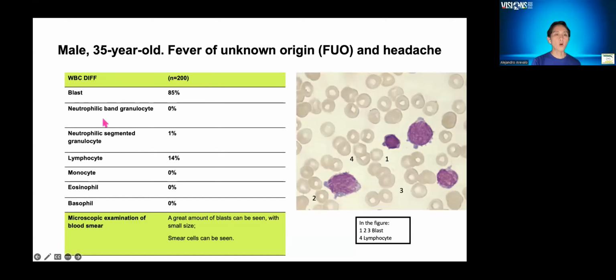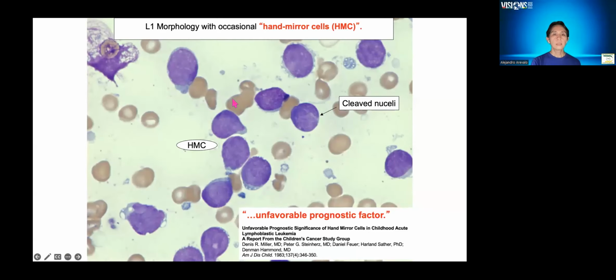So in this case of a 35-year-old male with fever, note that there's a lot of blasts, and the blasts here appear small. They have fine chromatin and scanty cytoplasm. Now, acute lymphoblastic leukemia under the WHO actually includes the L1 and L2 subtypes of the French-American-British classification.